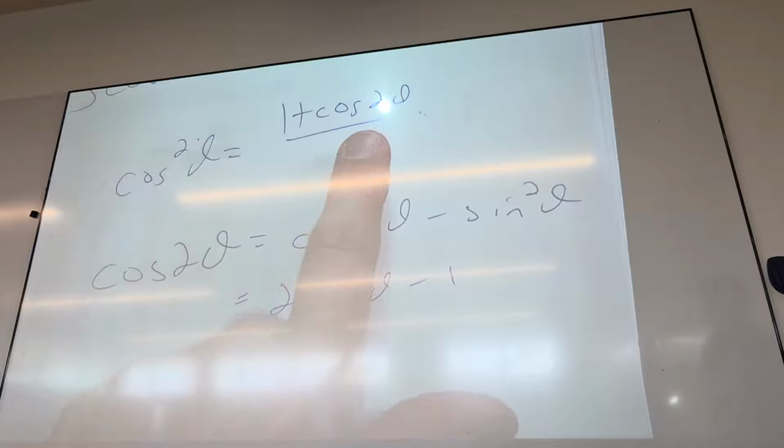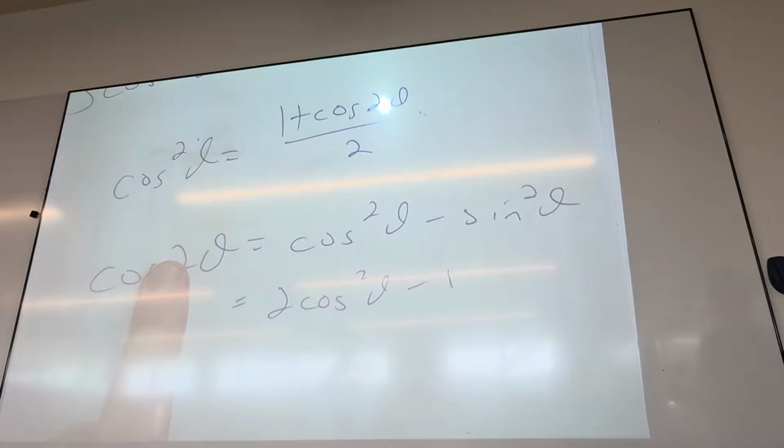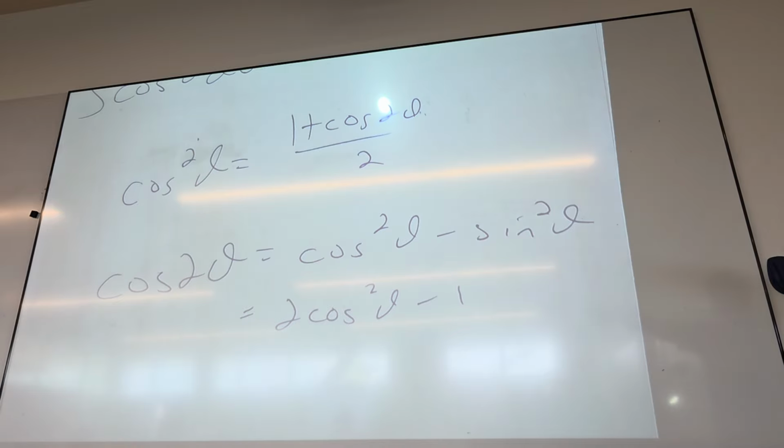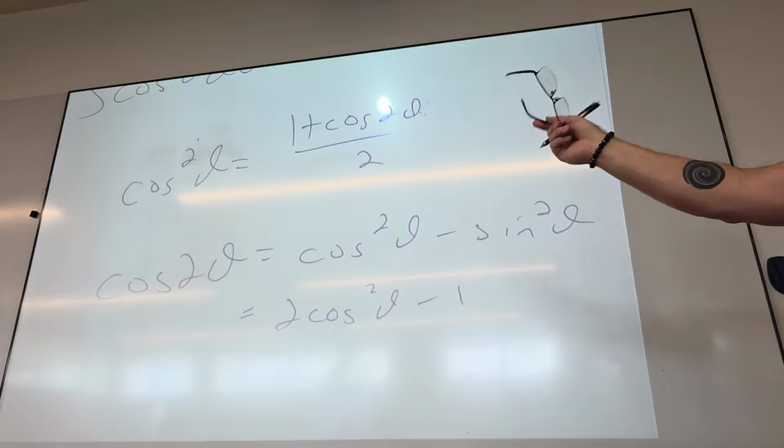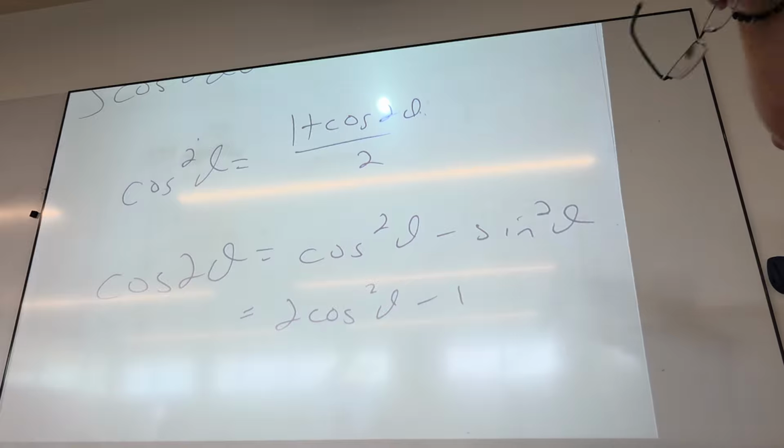If I forgot this, I could build it. I have to know something though, obviously, so I can work with it. So I start here. I have to know my double angle formulas, and they lead to several things. They lead to the half angle formula. They lead to power reduction. They all come from the same thing. So I'm not going to memorize 8 things. I'm going to memorize 2 and then build, because that's how much room I've got in my brain.